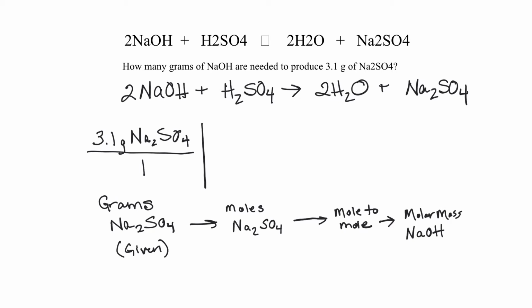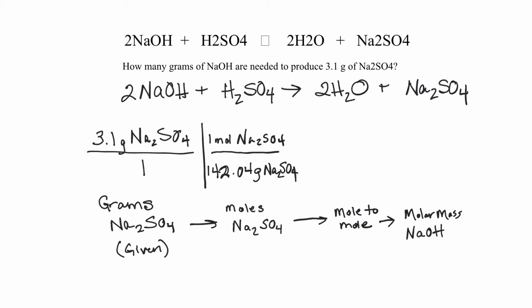So let's keep moving here. We have to set up this next conversion factor so that grams of sodium sulfate cancel and we get moles of sodium sulfate. Our conversion factor is just our equality, so we know that 1 mole of sodium sulfate is equal to 142.04 grams of sodium sulfate.